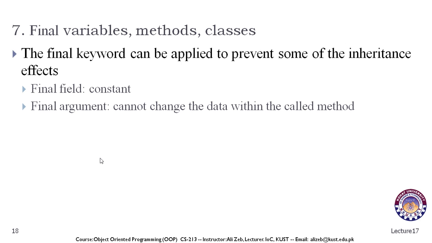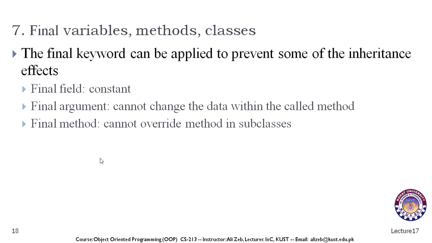A final argument cannot change the data within the called method. So if we declare a parameter as constant or as final in Java, then we cannot change the value in that variable wherever we call that method from. A final method cannot override method in subclasses. A final method cannot be overridden.